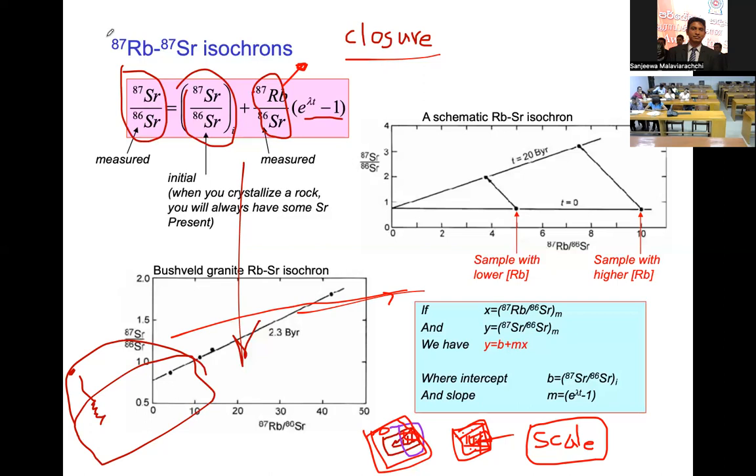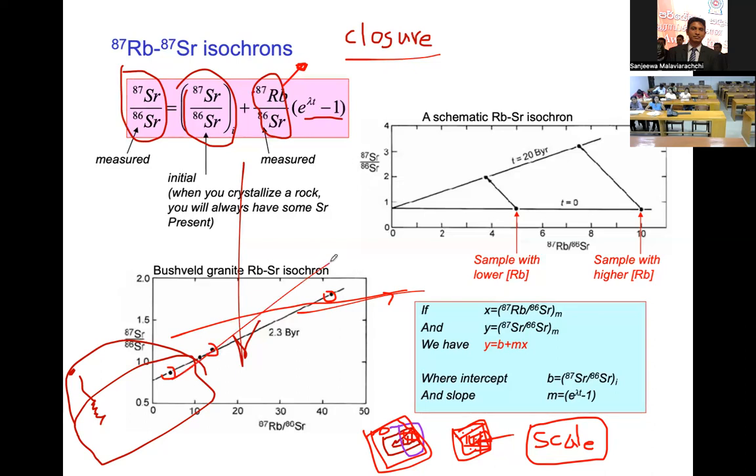Some effects might be nullified by another effect, something like that. But if you are taking minerals for your isochrone, like plagioclase, biotite, and another mineral, and draw the isochrone, then if the clock has reset in these minerals, you are not getting the correct isochrone. You will get a different isochrone.